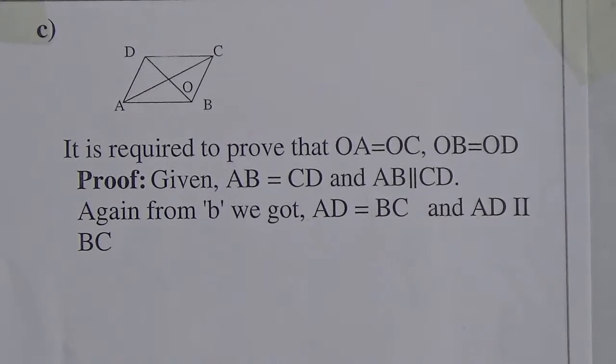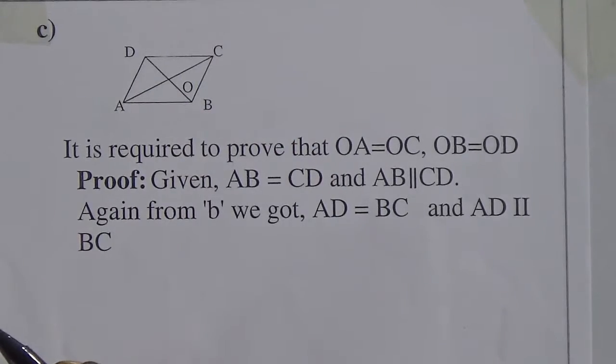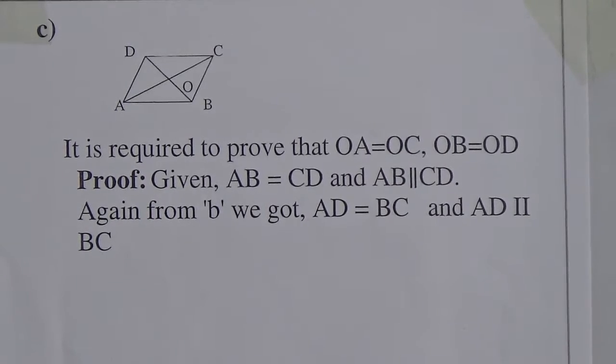Proof. Given AB equal to CD and AB parallel CD. This is given in the question. And from B we get AD equal to BC. Similarly, AD parallel BC. Then we can say that ABCD is a parallelogram, right?